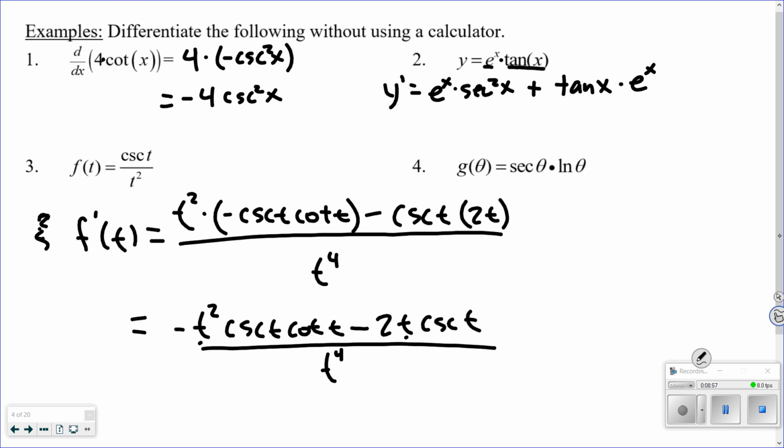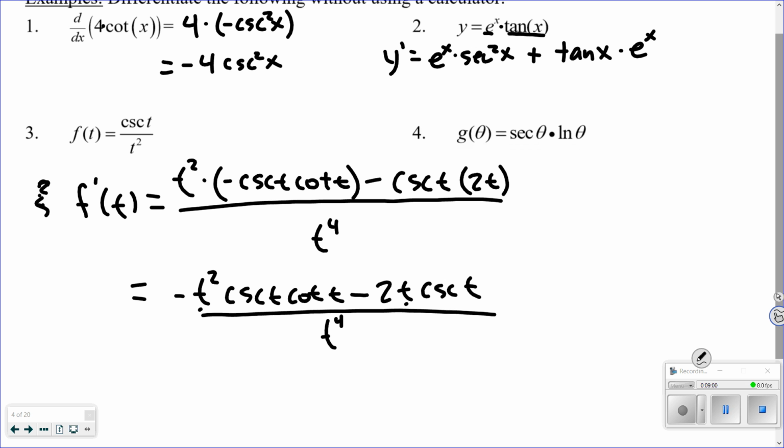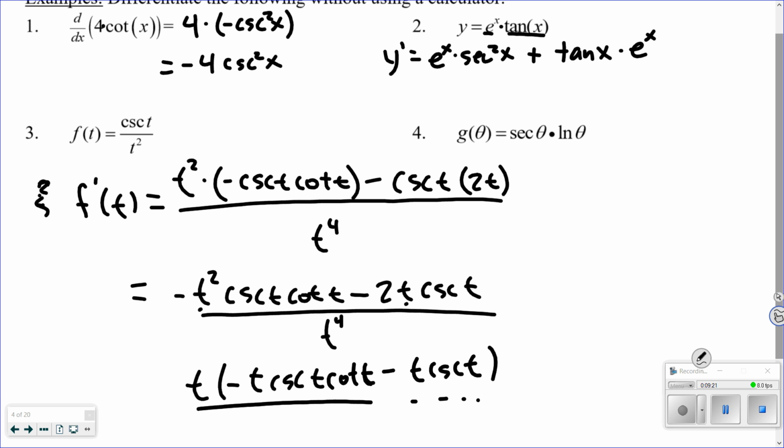So if I factor out that t, I'm going to go t times negative t cosecant of t cotangent of t, minus 2 cosecant of t, all over t to the 4th.